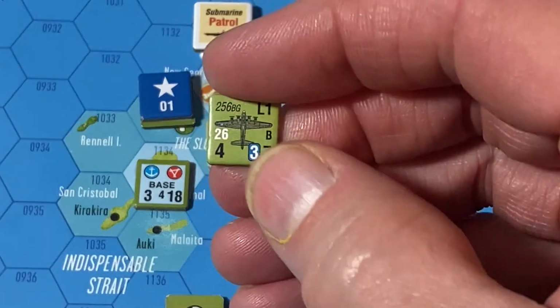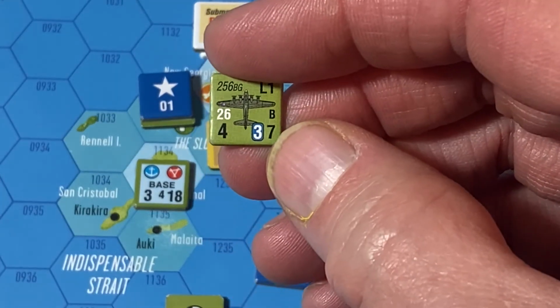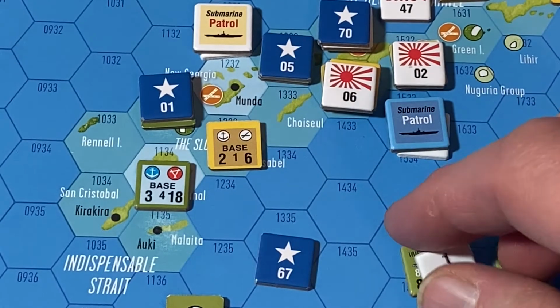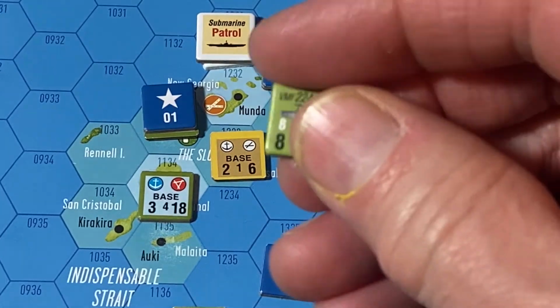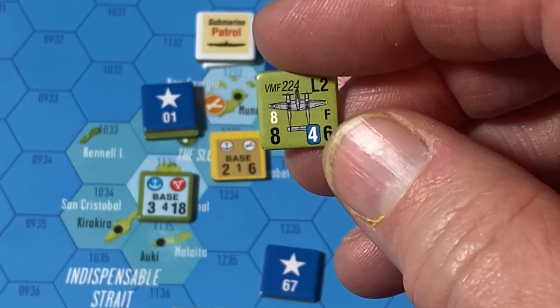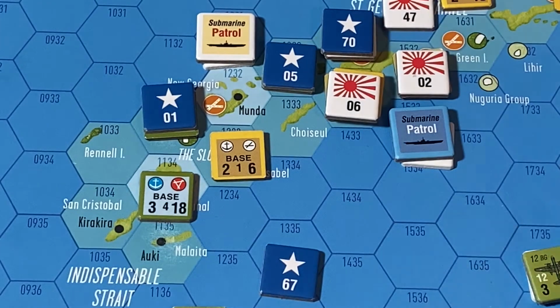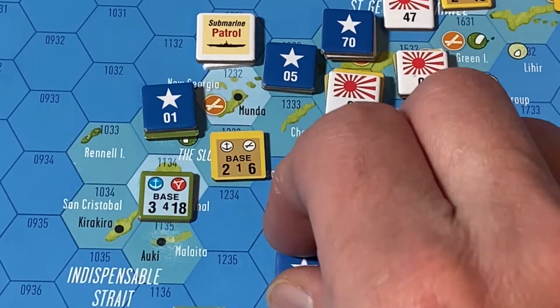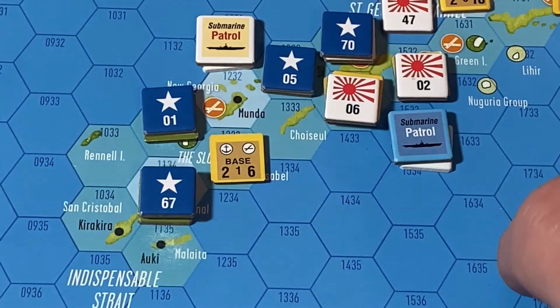This one is excellent ground attack for getting those TQs or attacks on bases. And then this fighter unit is excellent anti-air with that 8. So those are very effective units, and they definitely come in handy in support.